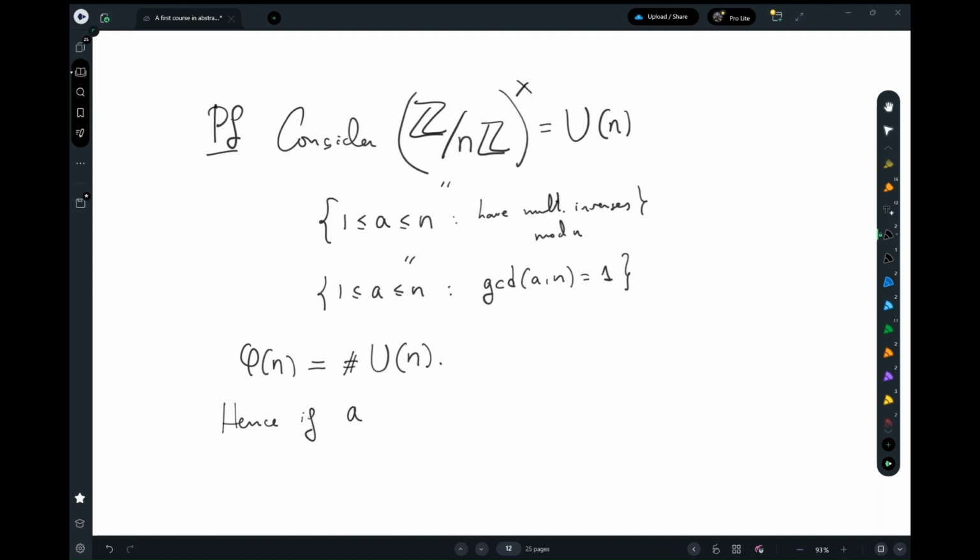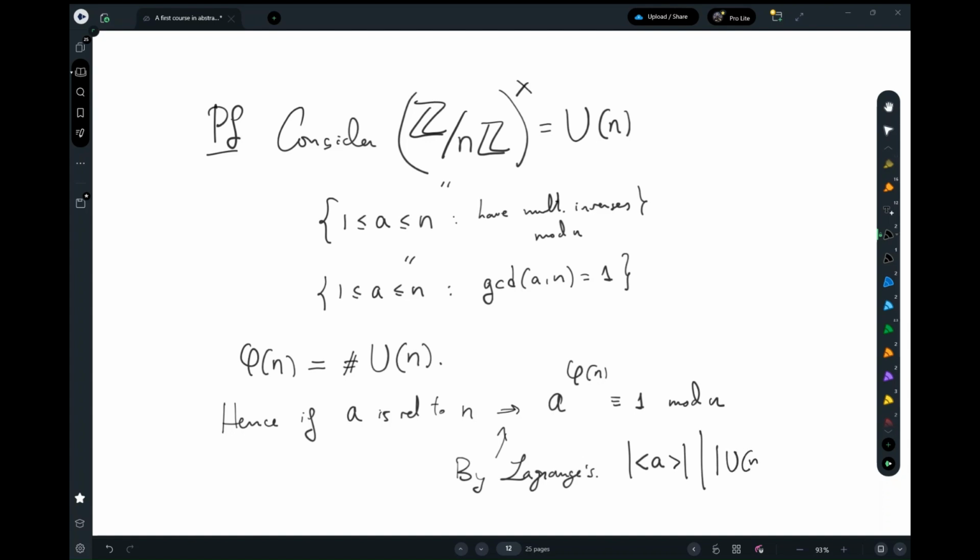if A is relatively prime to n, then A to the order of the group has to be 1 modulo n by Lagrange's theorem, because an element to the order of the group always has to be 1, just because the size of the subgroup generated by A has to divide the order of the group.